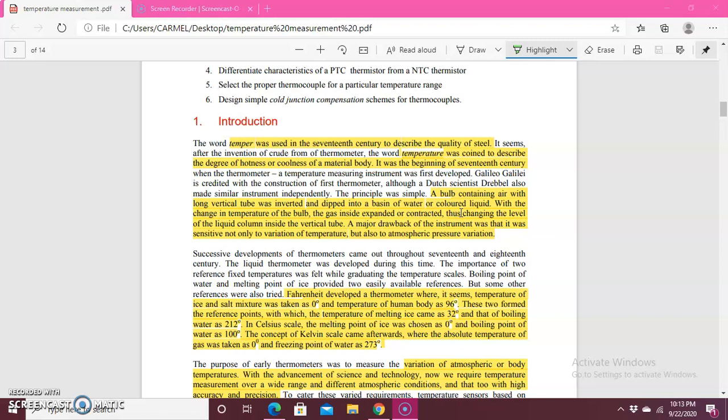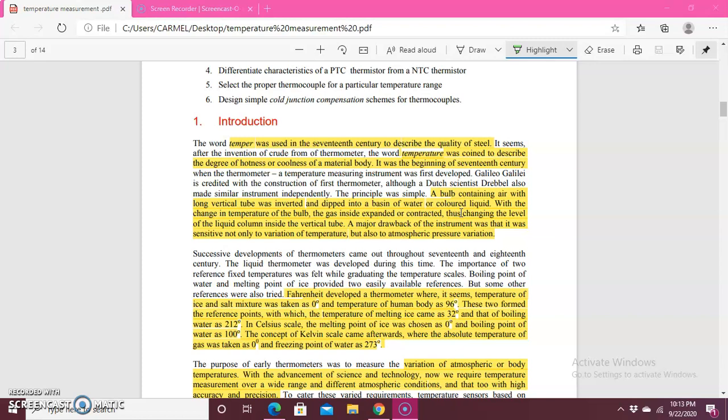And the principle is very simple. They had a bulb containing air with a long vertical tube. It was inverted and dipped into a basin of water, or a colored liquid. Whenever there is a change in the temperature of the bulb, the gas inside gets expanded or contracted.